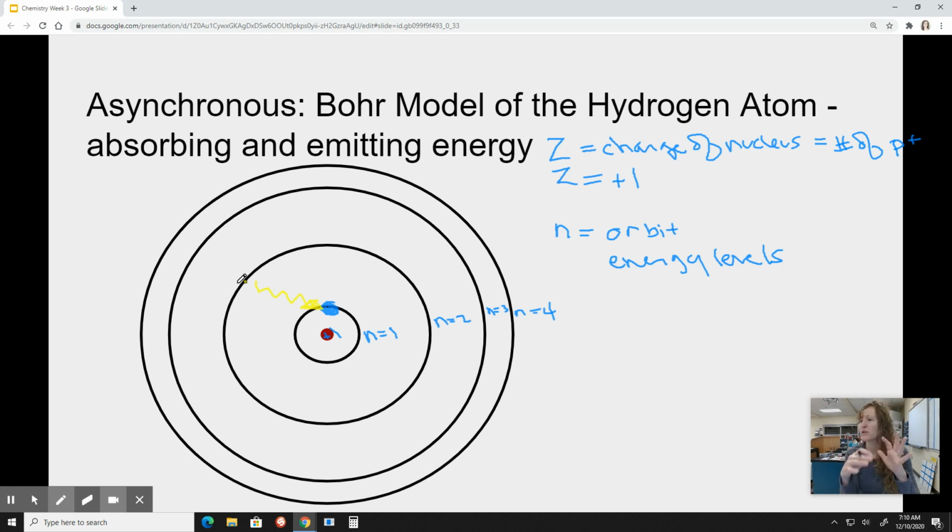We have kind of a version of this called a Geissler tube, and a Geissler tube literally takes a tube full of gas, and electricity is run through the tube, and whatever gas the tube is filled with, the electrons of that gas will absorb the energy, and they will start to move.